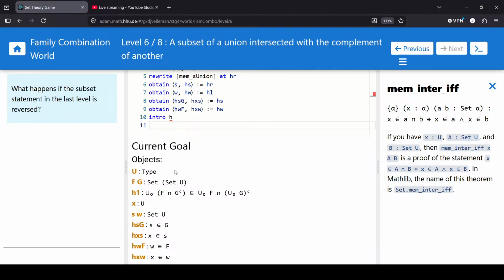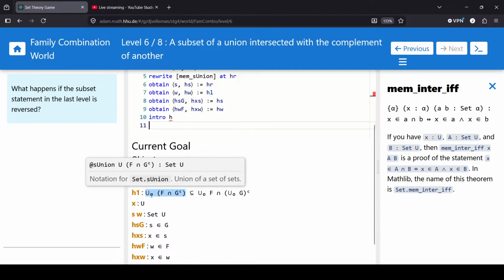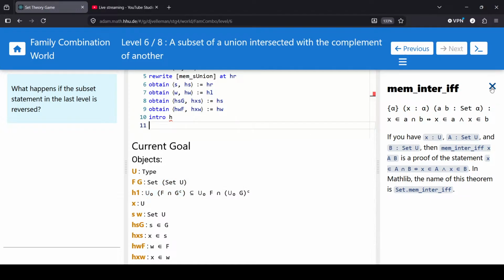I don't have a proof that W is in G's complement. I think that's the issue. But supposedly I should be able to do that, right? Or am I missing something because of the union? Because after that I still need to make a union.